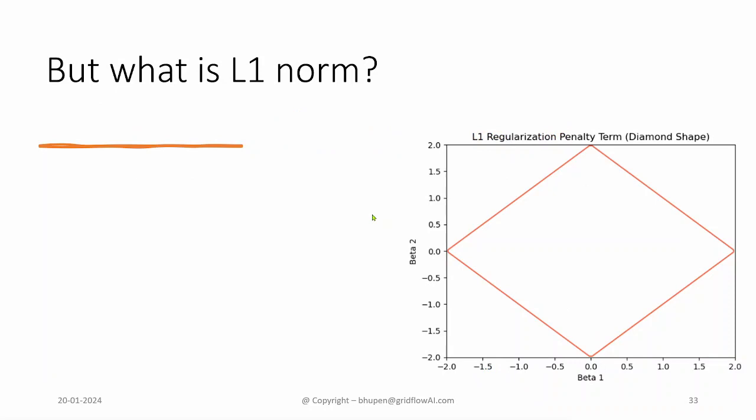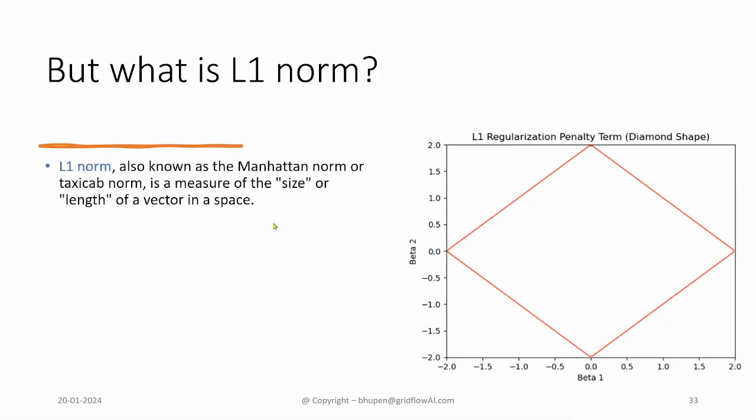But what is L1? Let's try to understand what it means. If you remember the formula that we talked about a while back, L1 is your weights matrix and the absolute value. So you have absolute W1 and absolute W2. And if you constrain it to some value, let's say 1, so whatever the values of W1 and W2, it will always be 1.